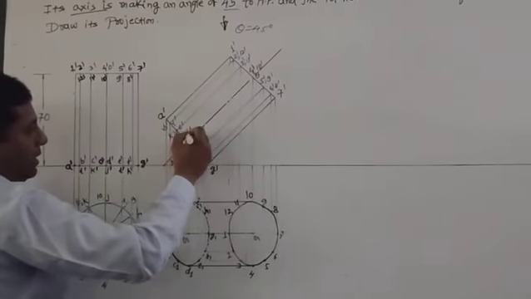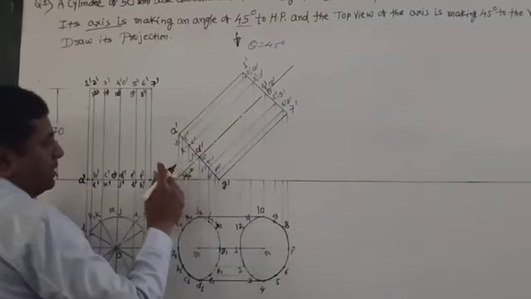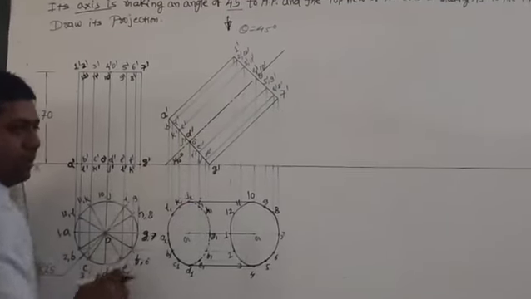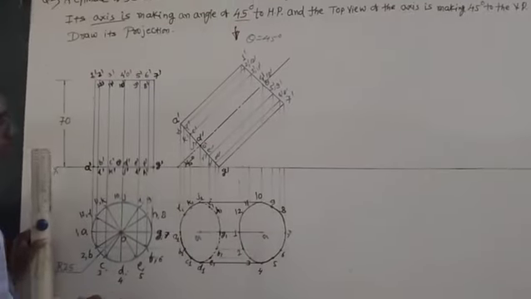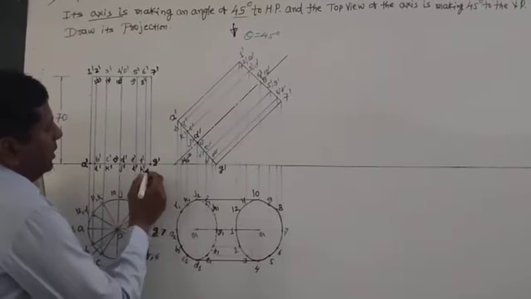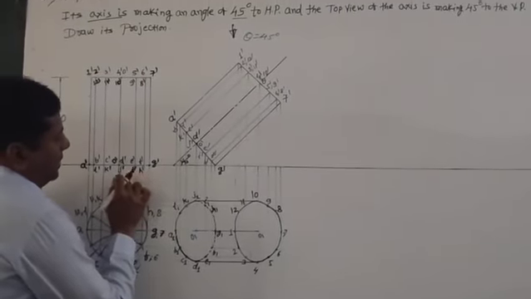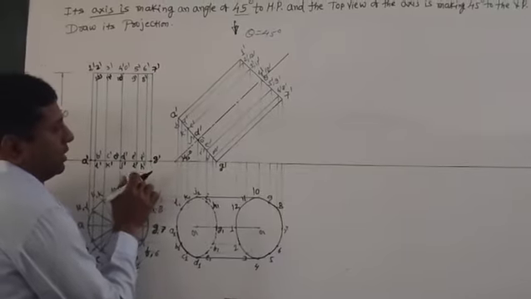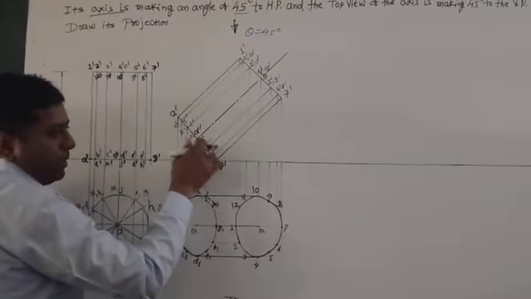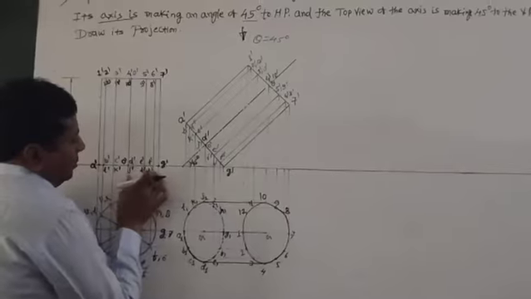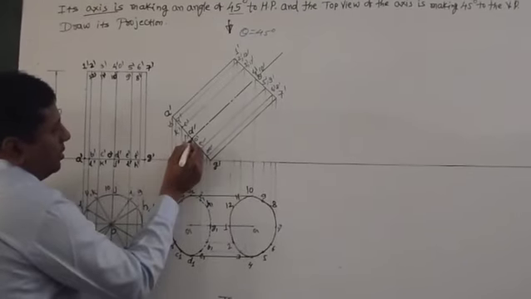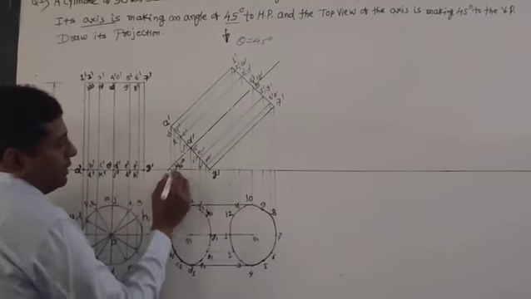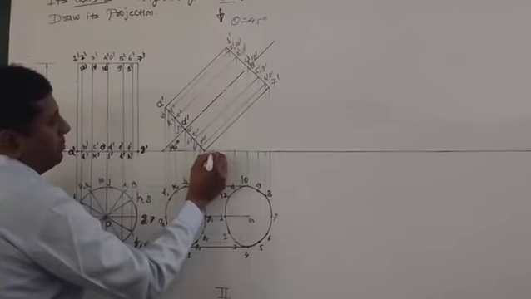So while marking the letters D dash, with the help of your drafter scale, this distance from D dash to D dash is 25. And this line must be perpendicular to your axis. So this 25 you have to maintain such that G dash must be on X1.